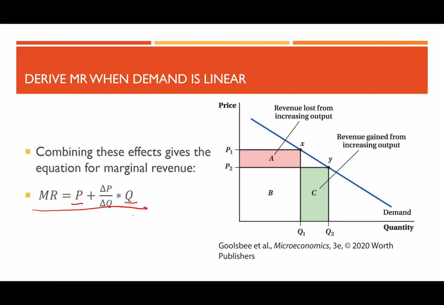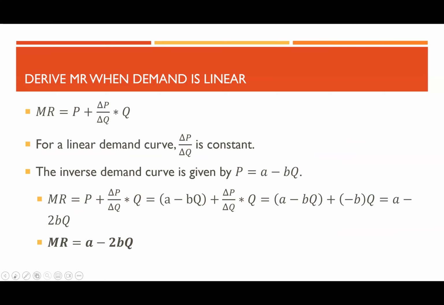And so we can combine this into an equation for marginal revenue, right? Marginal revenue is the area of B plus C, so the amount sold times the new price, and then adding to that what's lost from area A, so that negative change in price over change in quantity times the amount sold.